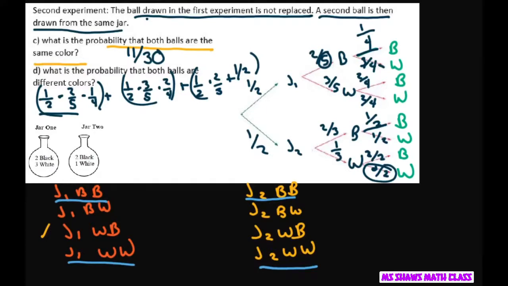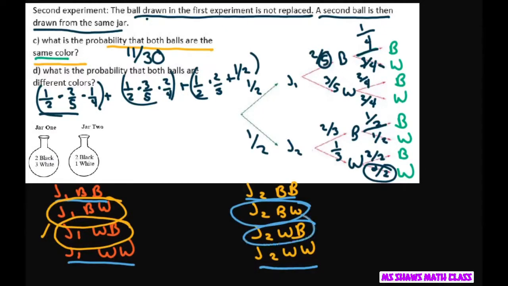Now, what is the probability that the balls both are different colors? So this is the same color, and you can go ahead and do the different colors. So here would be your different colors. But merely all you have to do is take the ones that are the same color and subtract from 1.